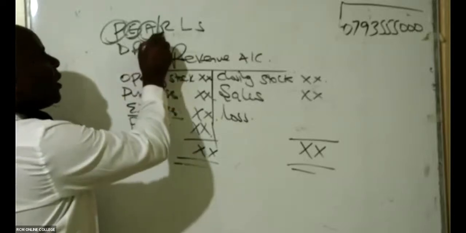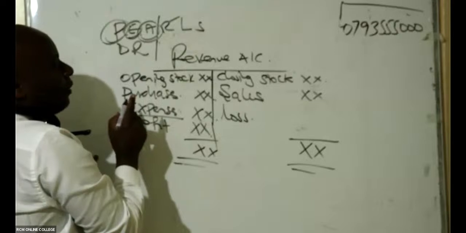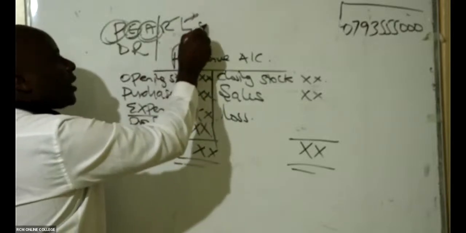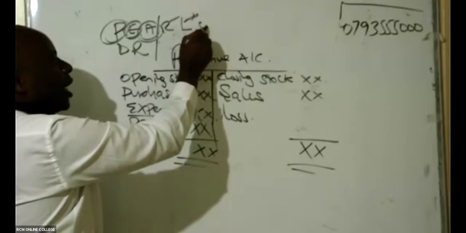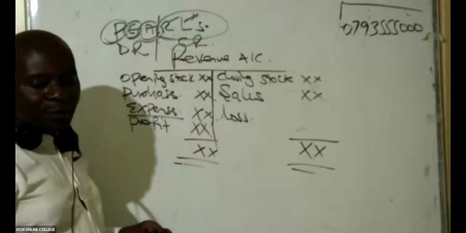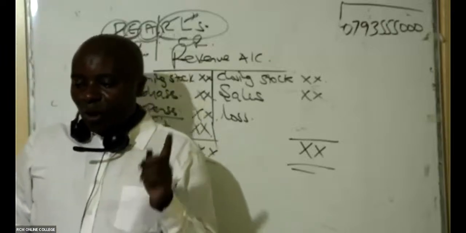And then we have these ones. These are revenues or sales. These are liabilities. This stands for share capital. These ones here shall always be credited.